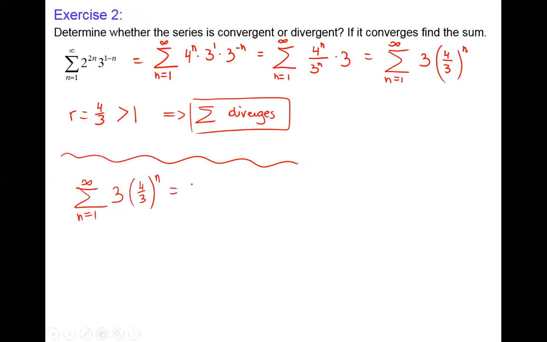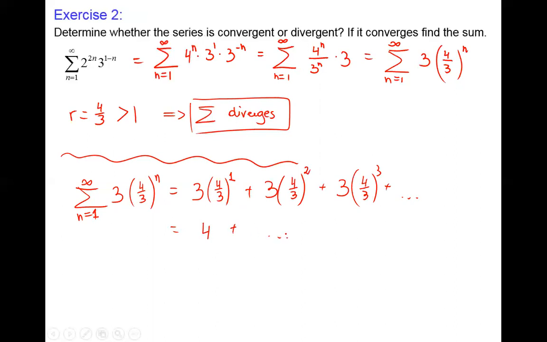That means the first term is 3 times 4 over 3 to the power of 1, because we're starting from 1. And then 4 over 3 to the power of 2, 3 times 4 over 3 to the power of 3, and so on. Okay? That means the first term is 4.